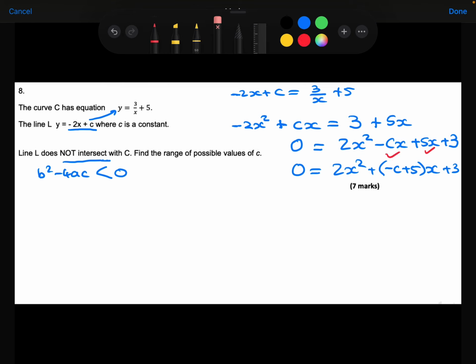All I've done is I've just factorised the x out from here and here to write it there, and that's left me with the minus c plus 5 on the inside. And that's good because now, like I said, the a is 2, this is the b, this is the c. So a equals 2, b equals minus c plus 5, and the c for the discriminant is 3.